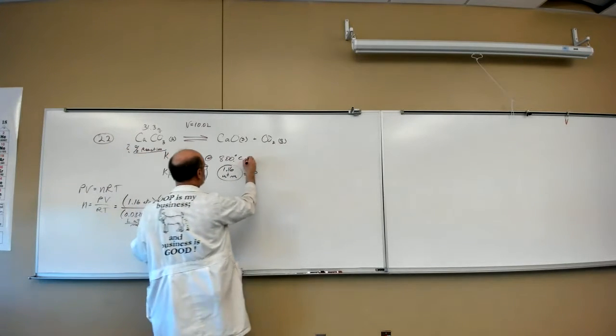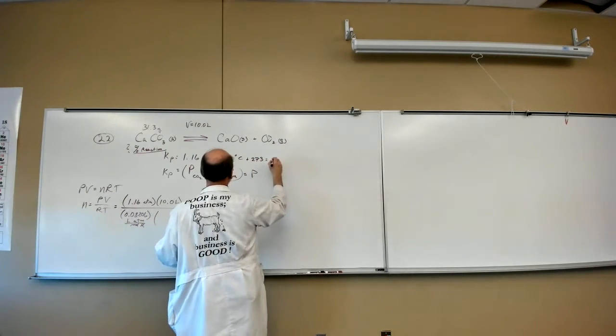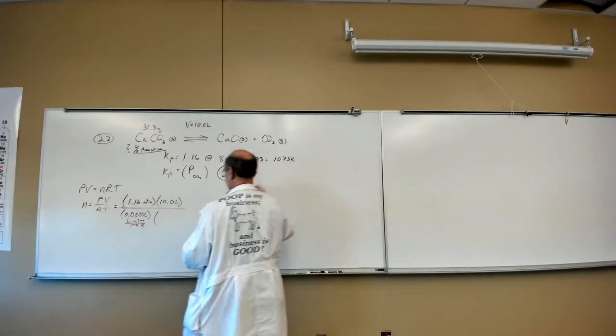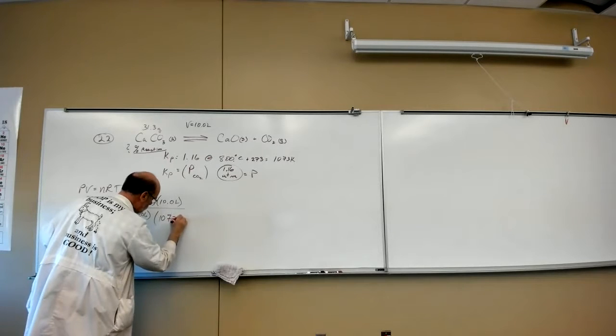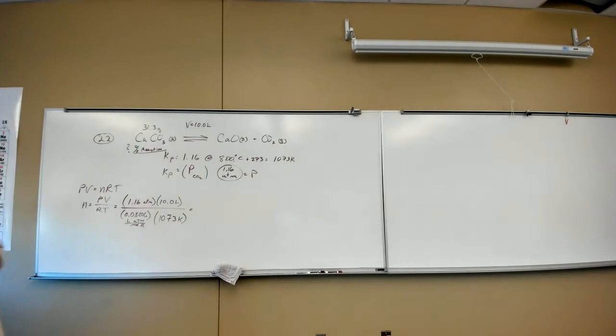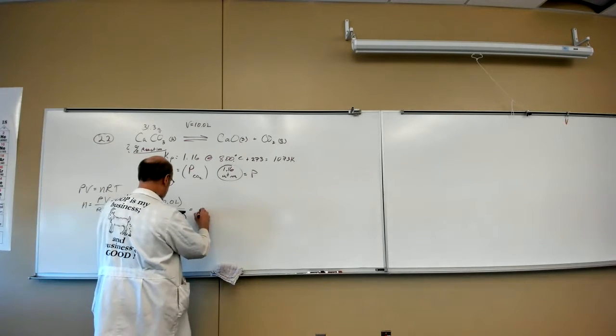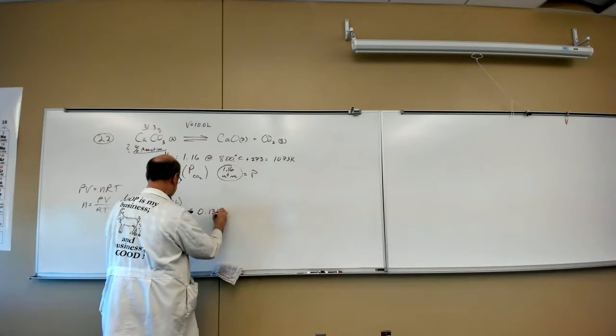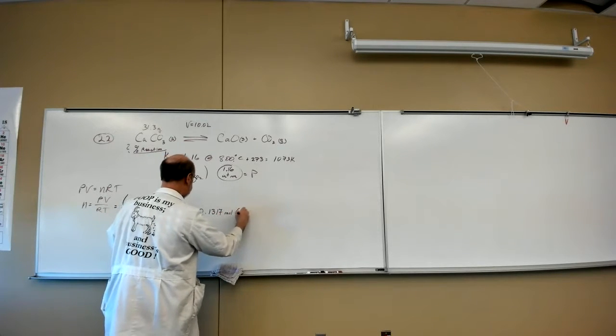So we need to add 273, which will be 1073 K. So this is 1073 K. I'm glad you don't push the 0.15 at the end of that Kelvin. That'd be overkill. So I get 0.1317 moles of CO2.